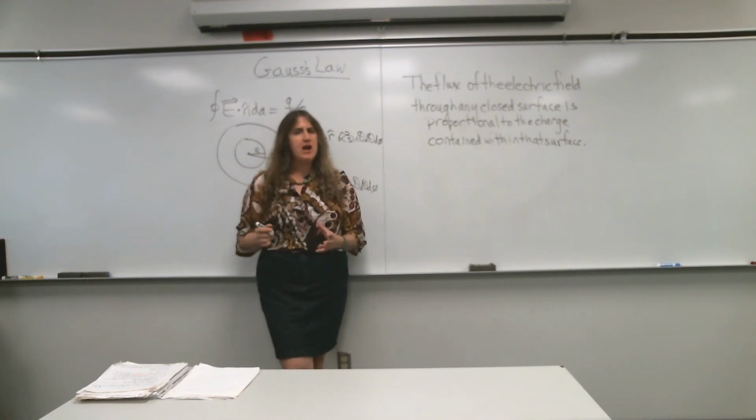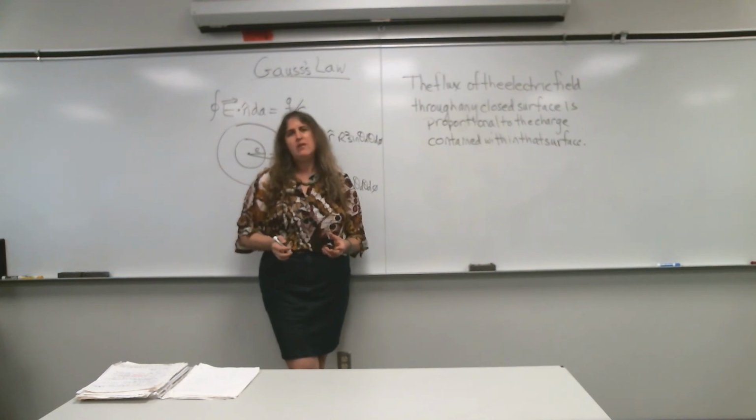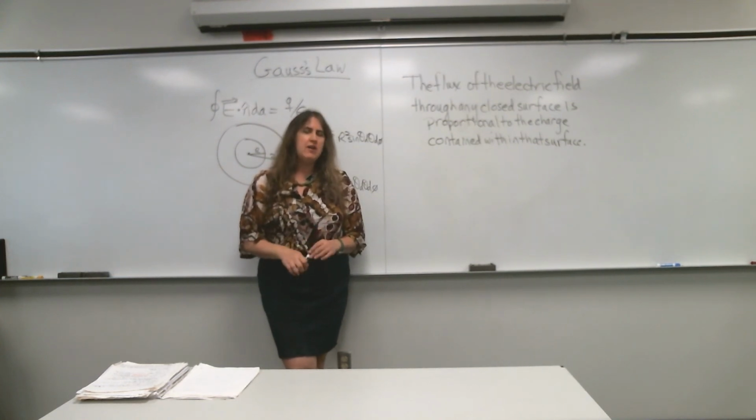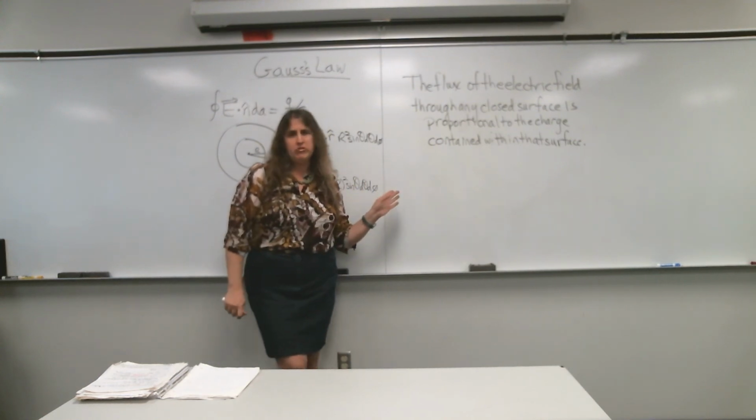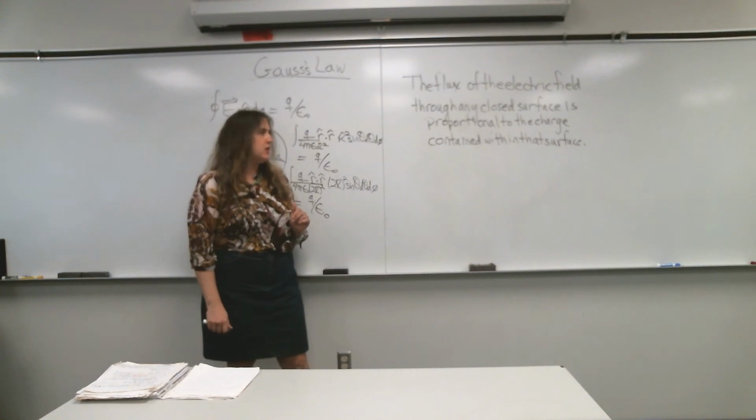So again, it doesn't matter how the surface is constructed, doesn't matter how regularly shaped it is. If there's charge inside of that surface, the flux will be proportional to it, and in fact it will be Q over epsilon naught.